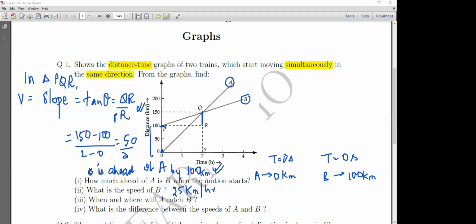So for speed of B, can't we do 200 by 4, distance by time? Distance divided by time. So total distance. So for A, what will you choose the distance as?